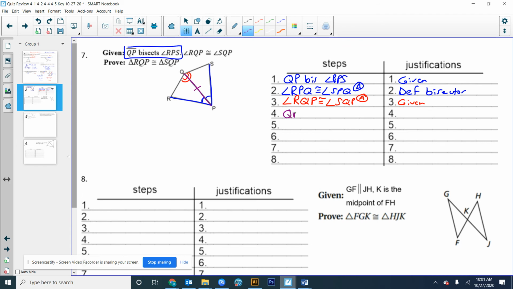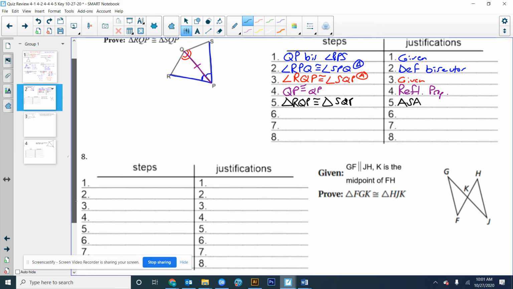QP congruent to QP by the reflexive property. So triangle RQP congruent to triangle SQP by ASA. Know that one?